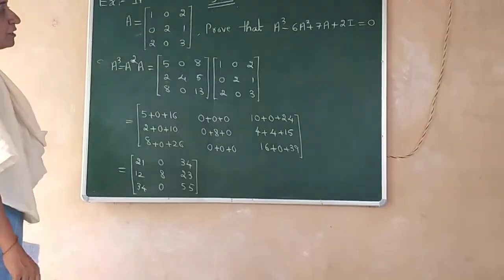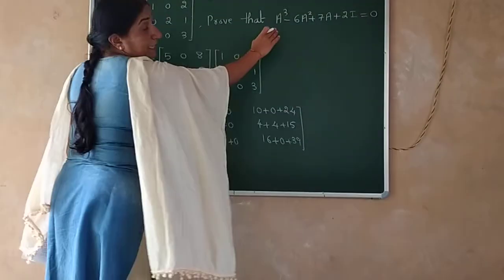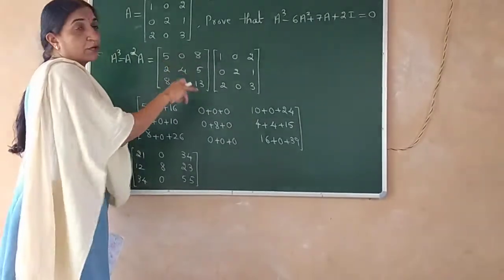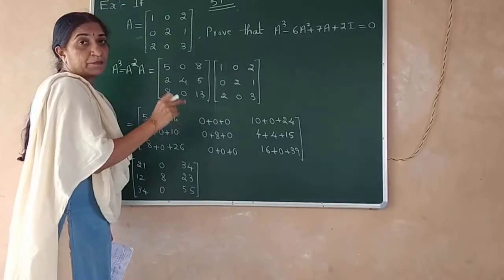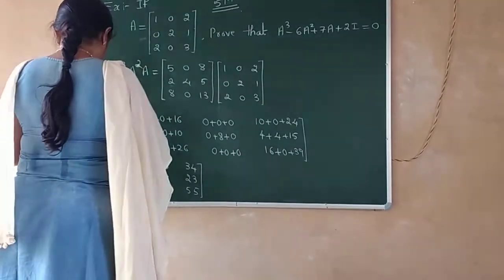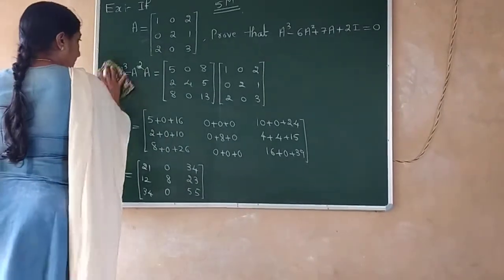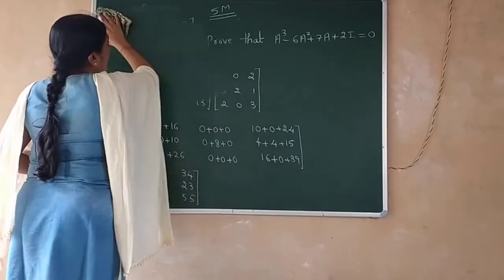After that what are you doing? We are writing the LHS. What is LHS? A cube minus 6A square plus 7A plus 2I. I am writing here only.